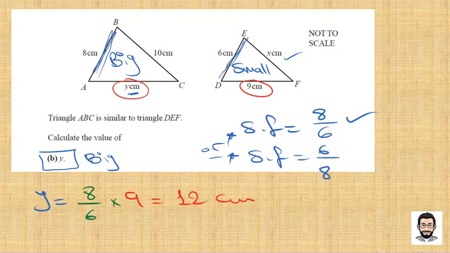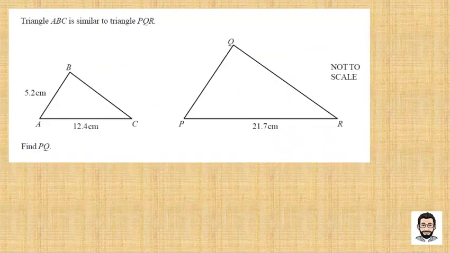Now another one. Okay, here he's saying triangle ABC is similar to triangle PQR. These two triangles, of course, I'm going to write here big, small, and small here.